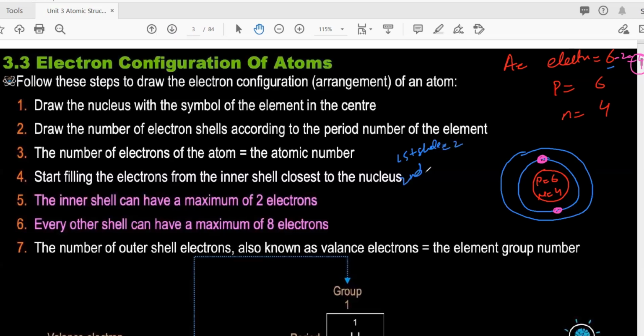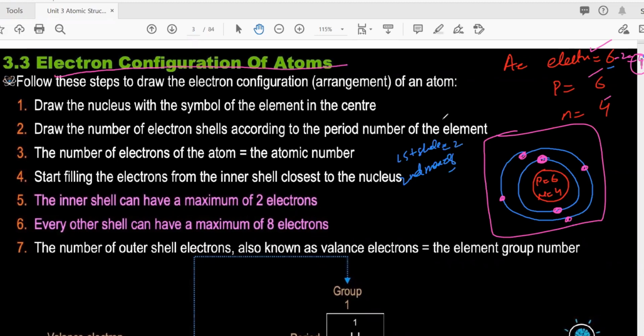In the second shell, how much maximum can you put? 8. But how much do we have now? 4. So the remaining 4 we put here: 1, 2, 3, 4. So here we draw the atom. Because they have given us the atomic number, proton number, when you draw the atom in such a way, that is known as electron configuration.